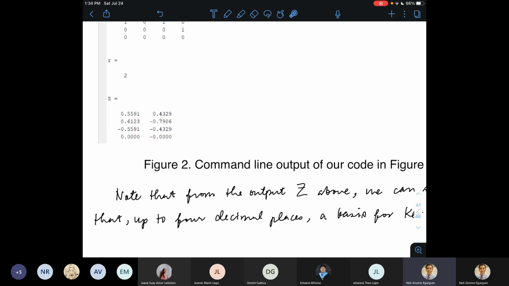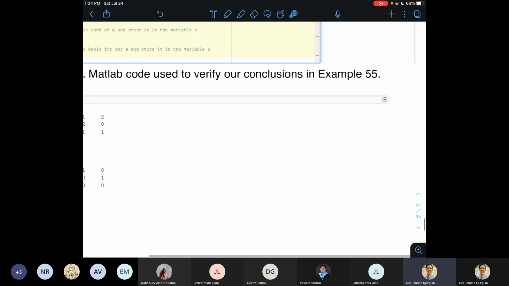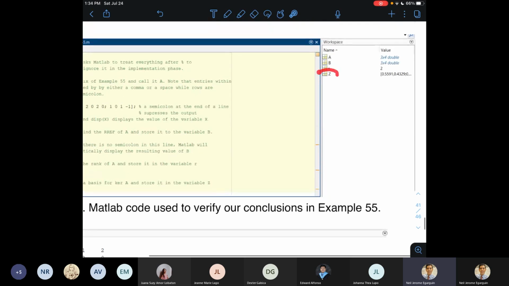Of course, these are not the exact values. They are just displayed up to 4 decimal digits. I think that's my setting for MATLAB. You can set to see how many decimal digits you want. If you want to get the exact or the machine precision for Z, kung ilang decimal places yung kayang ibigay ni MATLAB, what you can do is to click Z here.